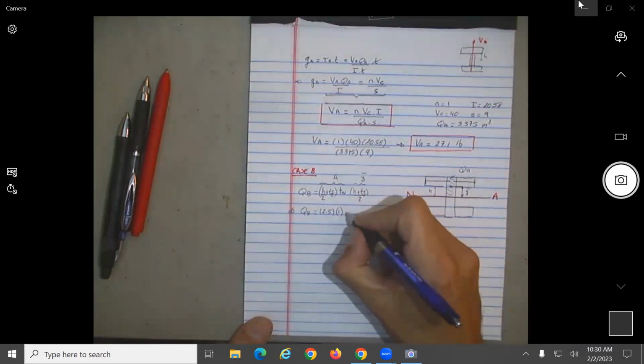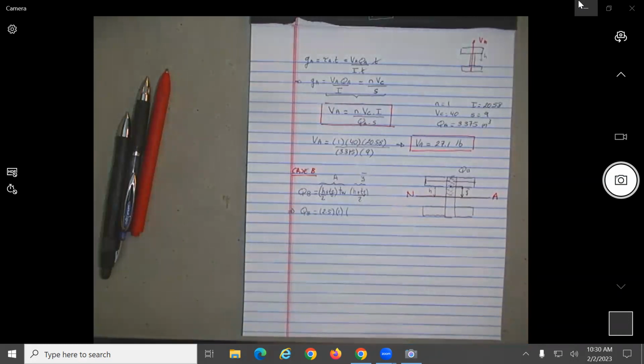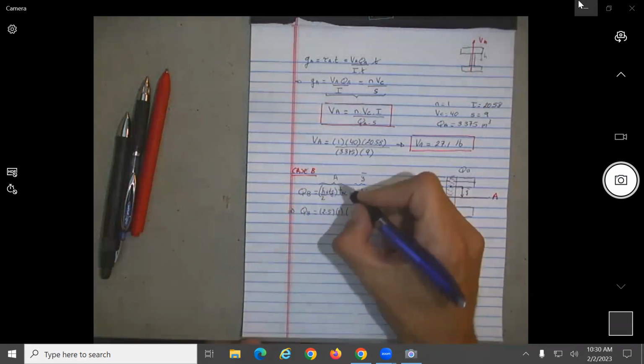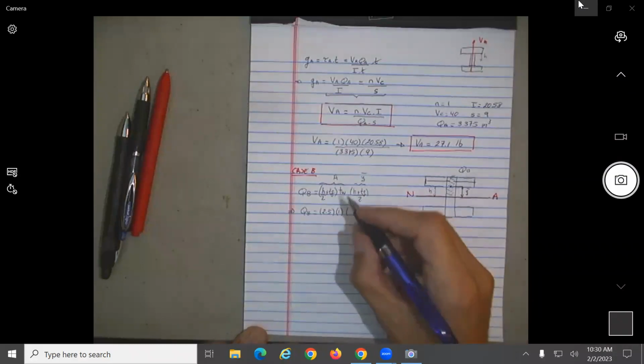It should be H divided by 2, no? Yeah, H divided by 2 plus TF divided by 2. So it will give you what? 4 plus, this was 1/2, no? So 4.5 divided by 2, so 2.25.